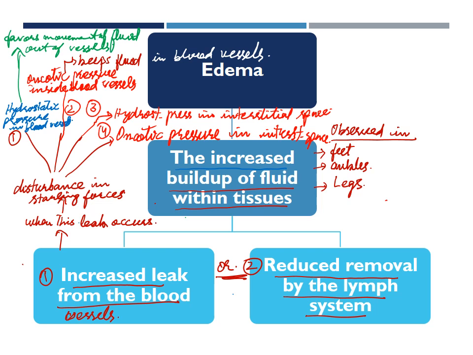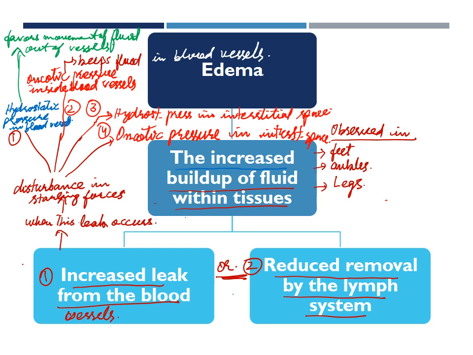It keeps fluid inside the blood vessels. Then the third force, the hydrostatic force in the interstitial space, tends to move fluid from the interstitium into the blood vessels. Then oncotic pressure in the interstitial space retains fluid inside the interstitial space, but normally there is a very negligible amount of proteins in the interstitial space, so this pressure is near to zero.